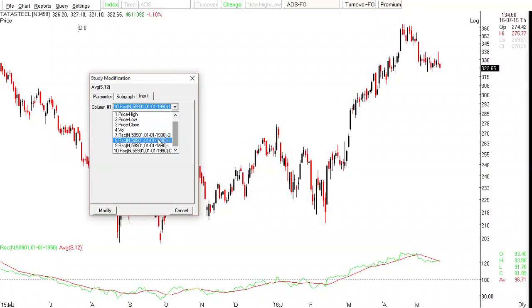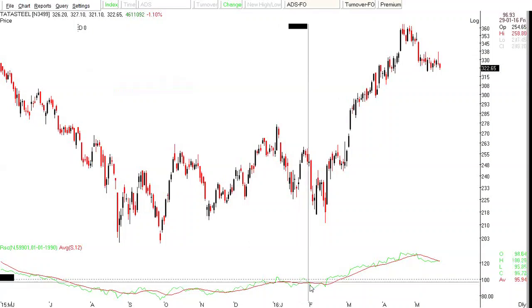It is calculated on the RSC, the relative strength comparison. So what do we have here at the bottom? You can see clearly that I have a green line, which is the RSC, and then a red line, which is a much smoother line, and this red line is the 12-period average of the RSC.